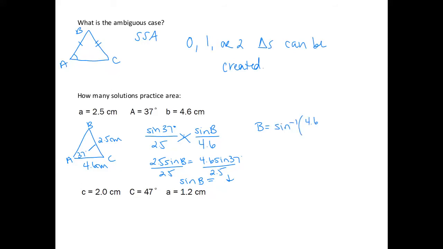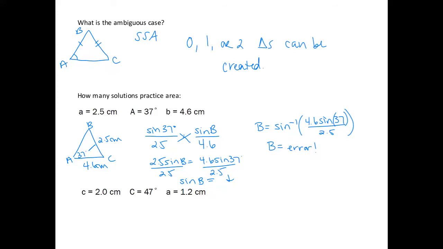So in your calculator right now, sine inverse of 4.6 sine of 37 all over 2.5. And remember, when you're typing this in, this parenthesis pops up, so you need one at the end to close the 37. Now, what should happen in this case is when you plug it in, it's giving you an error.